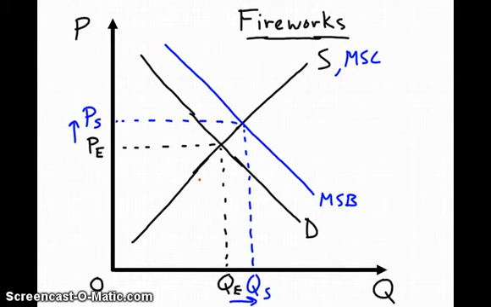In the event of a ban by government, clearly society does derive benefit or value from the fireworks, and banning them would eliminate all of those positive benefits, so the area of deadweight loss would increase as a result of a ban, because you would be much further away from society's equilibrium quantity, QS.